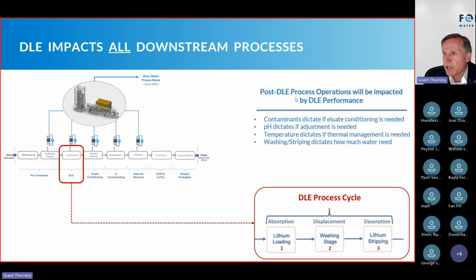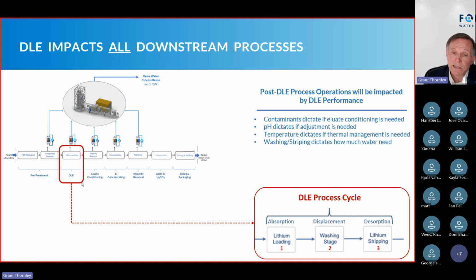Post-DLE operations: if you make the right decisions, great. If you make the wrong decisions, then it impacts everything. The contaminants can dictate this. If I choose a certain DLE media, the eluate that's produced may have certain contaminants. The type and concentration of contaminants will then dictate what my post-unit processes are.